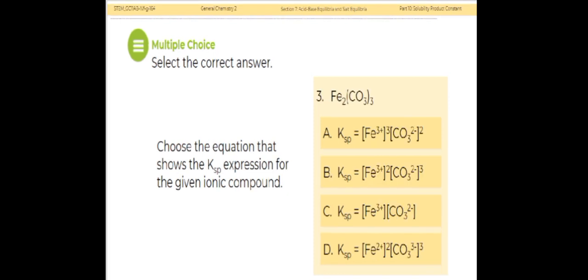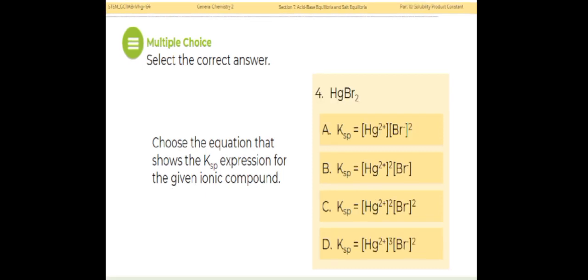Number 3. Choose the equation that shows the Ksp expression for the given ionic compound. Fe2(CO3)3. Is it A, B, C, or letter D? Number 4.